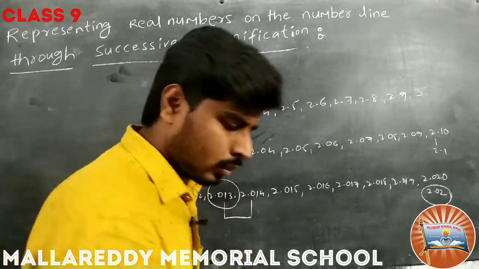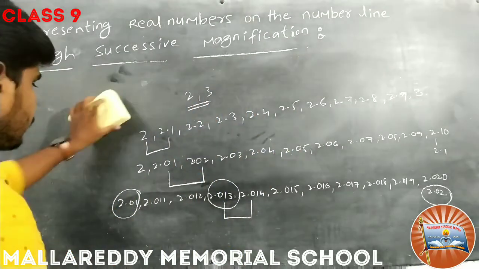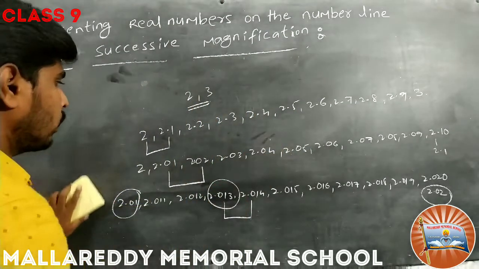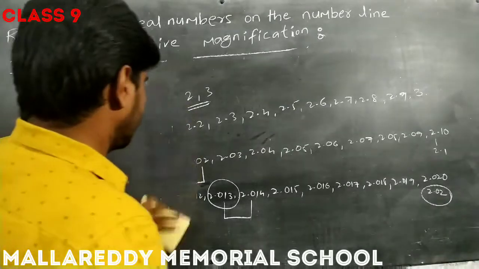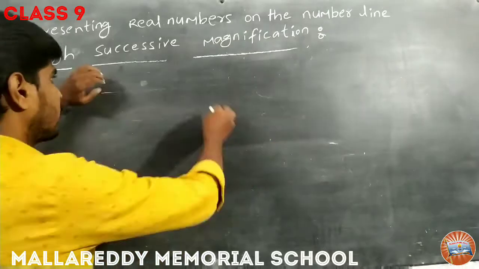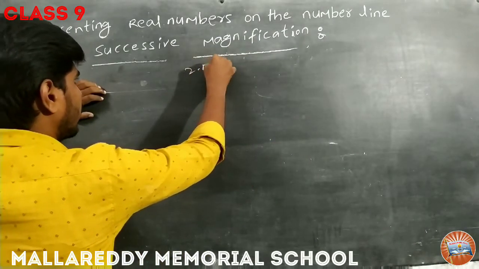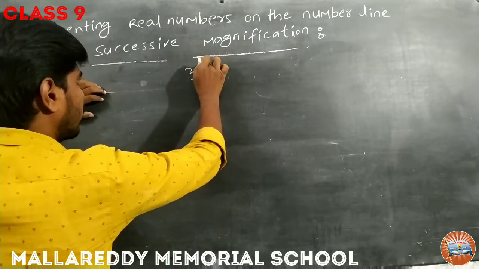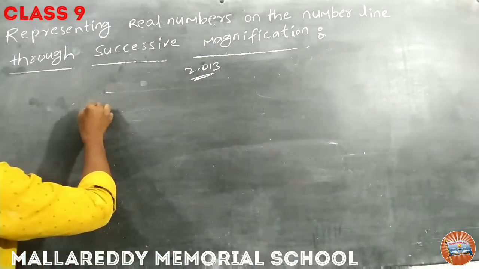Okay, right. So look at the problem. Now I am going to represent all this on the number line. I want to represent 2.013 on the number line through successive magnification.